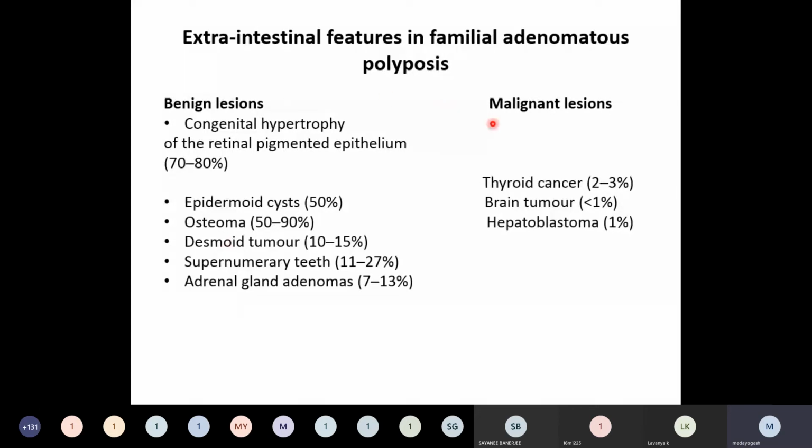The commonly seen malignant lesions are thyroid malignancy, seen in 2 to 3% of patients. Then we have brain tumor, commonly the medulloblastoma, and in the liver we have hepatoblastoma. All these are extraintestinal features of familial adenomatous polyposis.